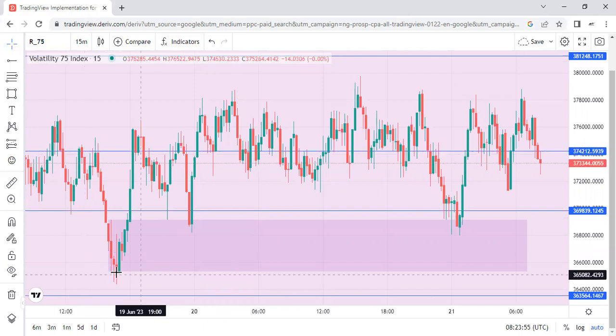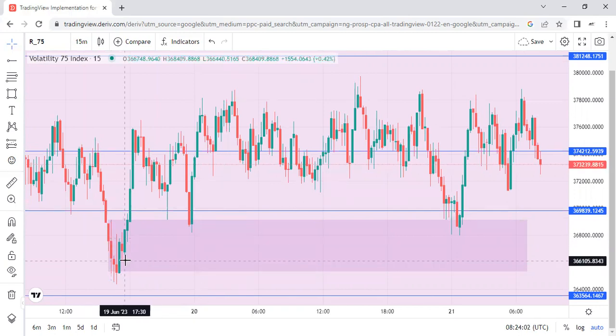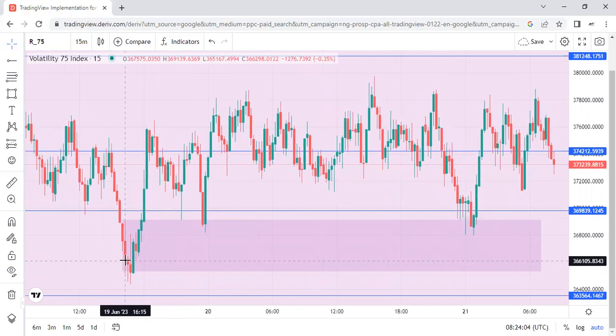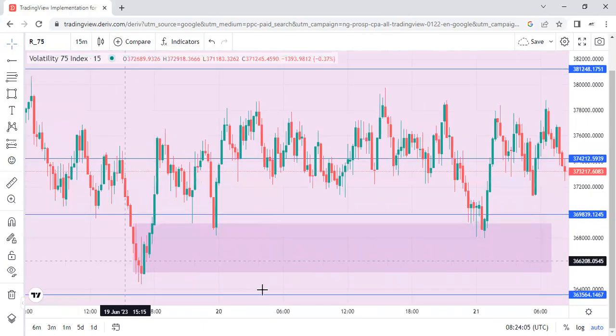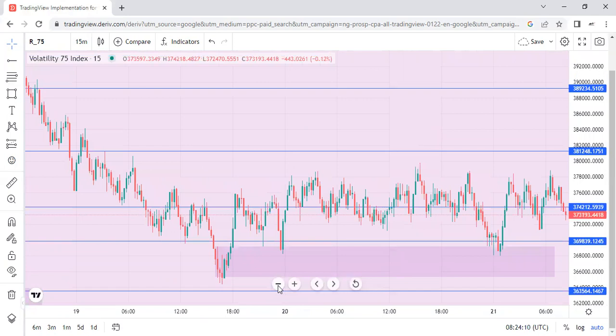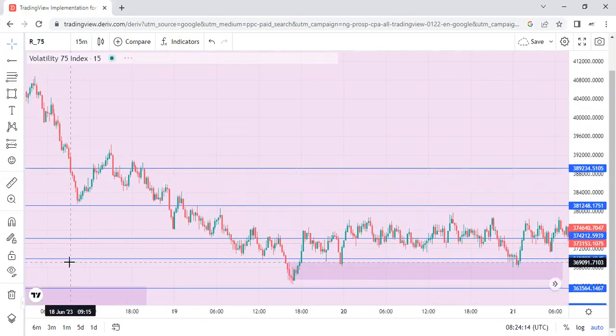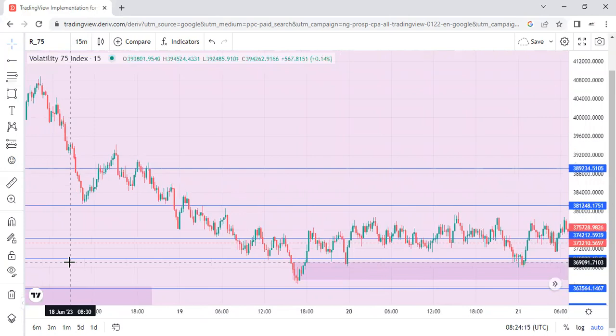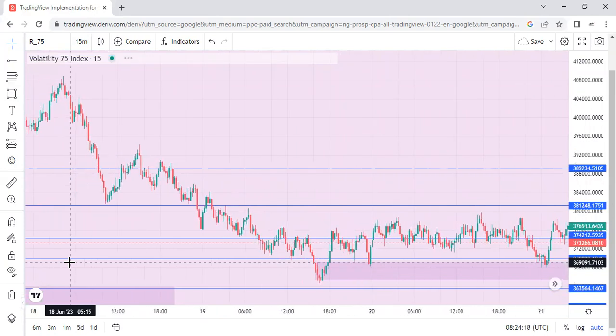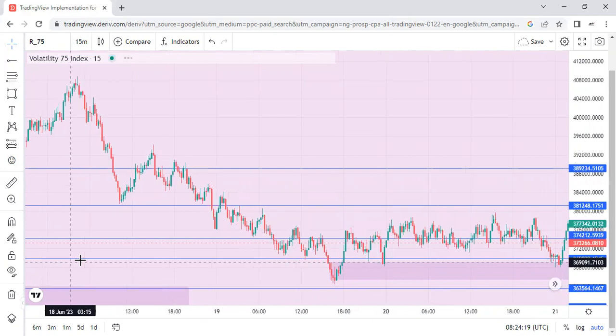So right here we have this. Let me scroll so you can see. Okay, let me just zoom out so you can see. So this was the second order block that we propose to use.